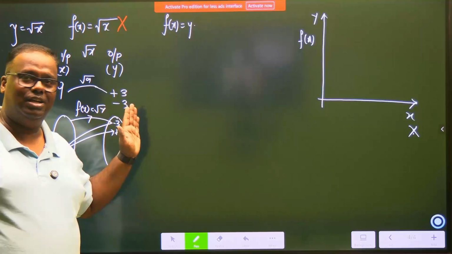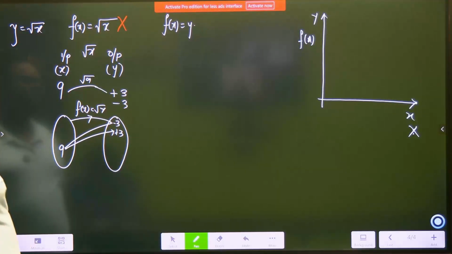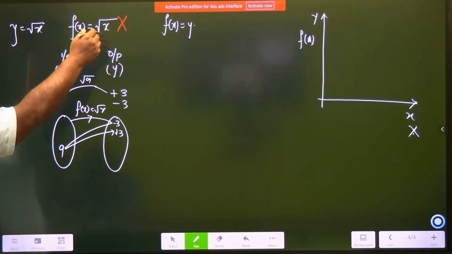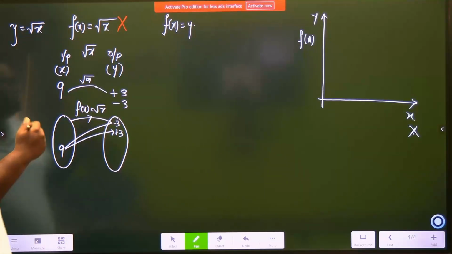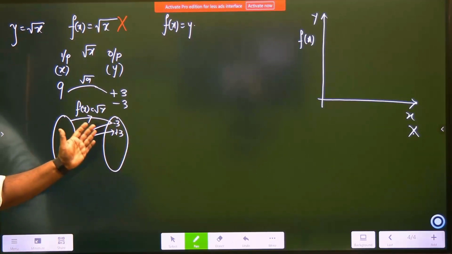Is this getting clear? However, if you restrict yourself and you say f of x is such that you're considering the y's to be only positive, then definitely it will be a function.